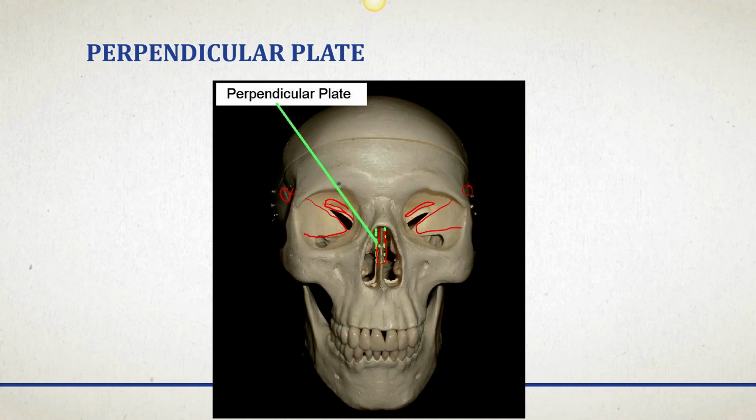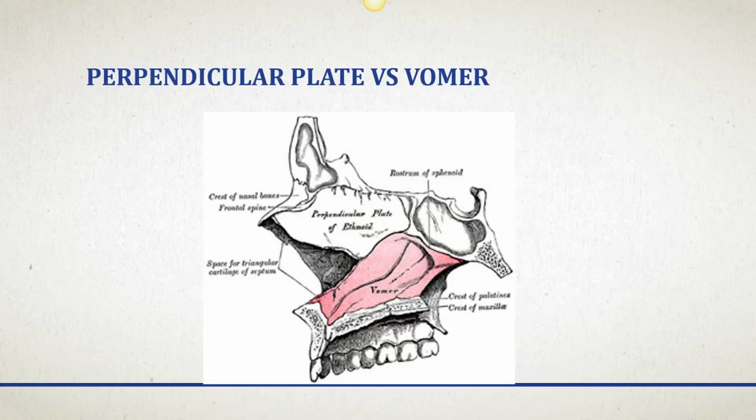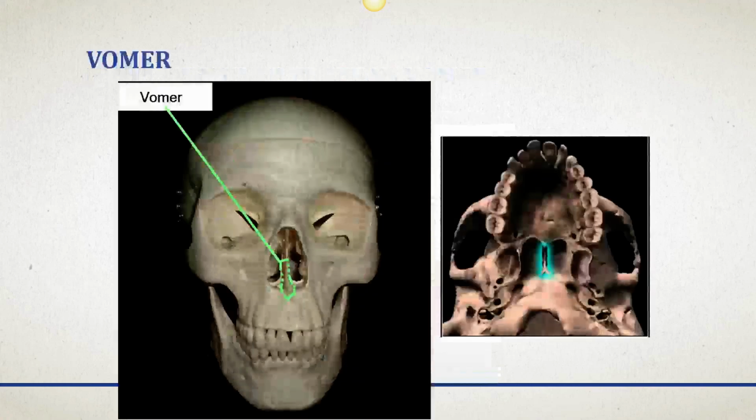Now this bottom ridge is a different part. It's actually part of the VOMER, but this is the perpendicular plate. And here you can see the perpendicular plate is on the top and the VOMER is on the bottom. From the underside, you can see the VOMER here, and then from the inside of the nasal cavity, you can see the VOMER down here.